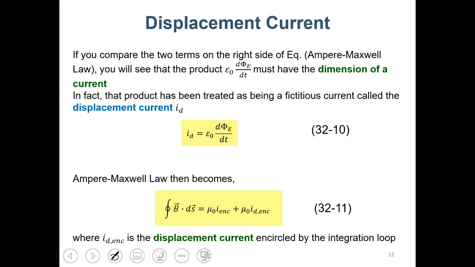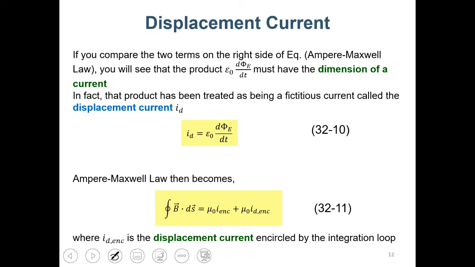The dimension of this term and this term should be the same, which means that this one should be some sort of a current, and in that case, we call it the displacement current. 位移电流.